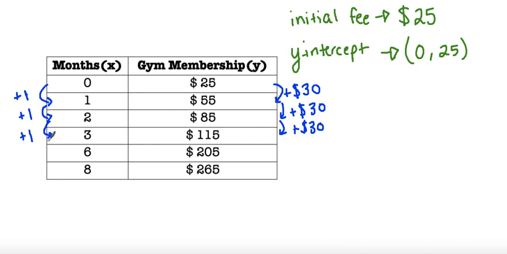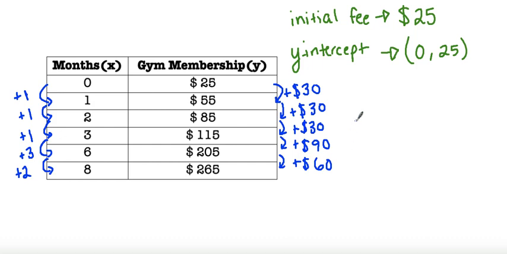And then from 3 months to 6 months, that's an additional 3 months, so that's an additional $90. And then from 6 to 8 months, that's an additional 2 months, and so that's an additional $60.